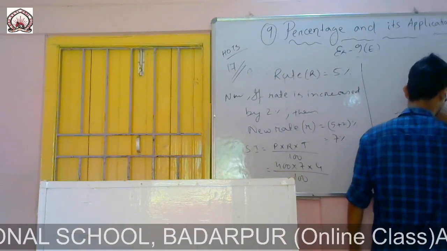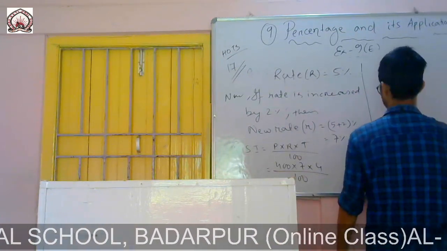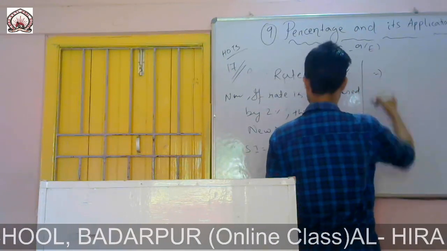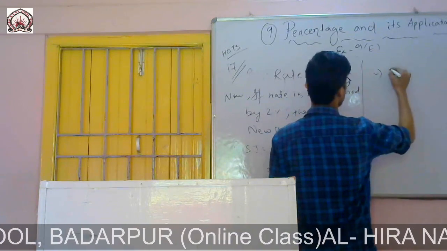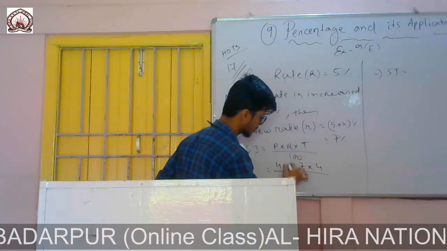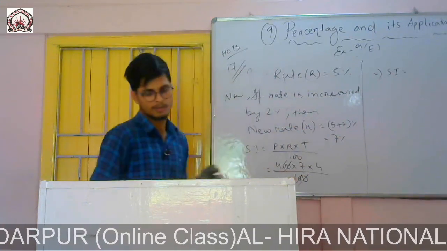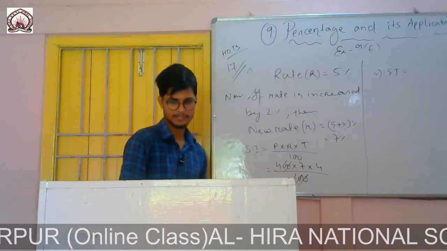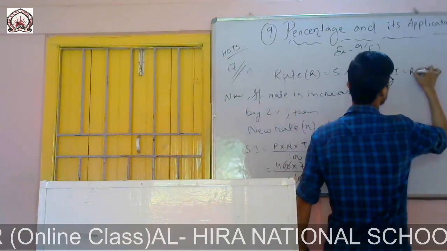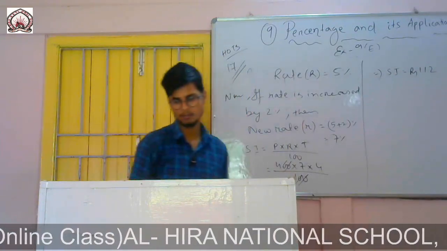SI equals PRT by 100. The zeros cancel. 4 fours are 16 and 16 sevens are 112. That means SI equals rupees 112.